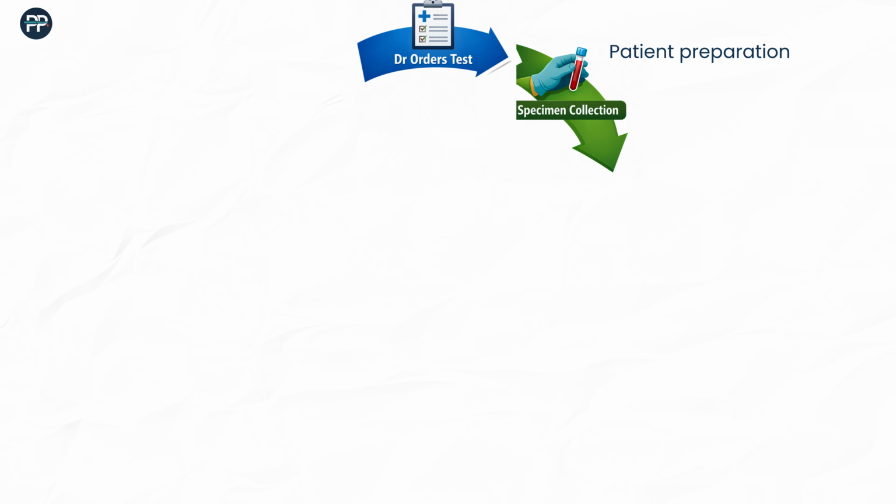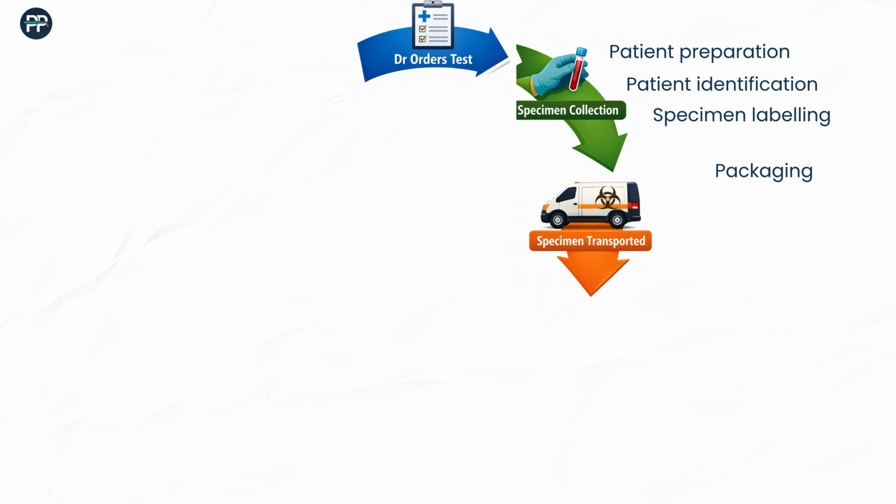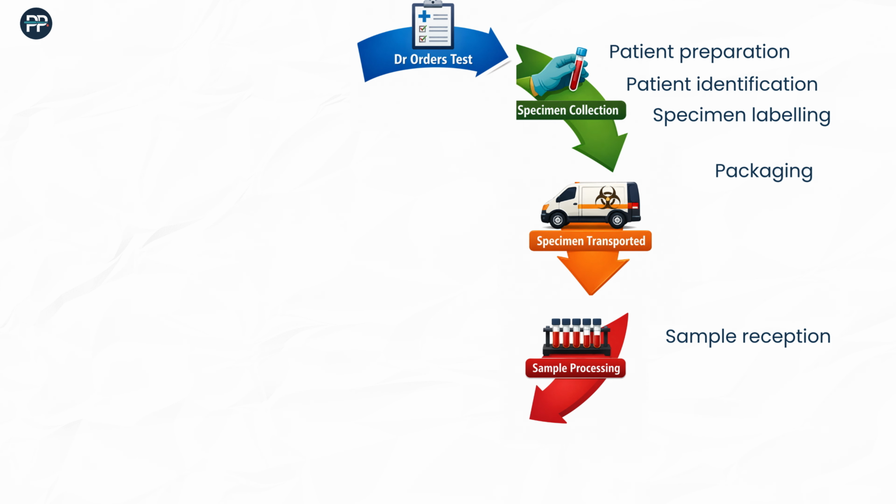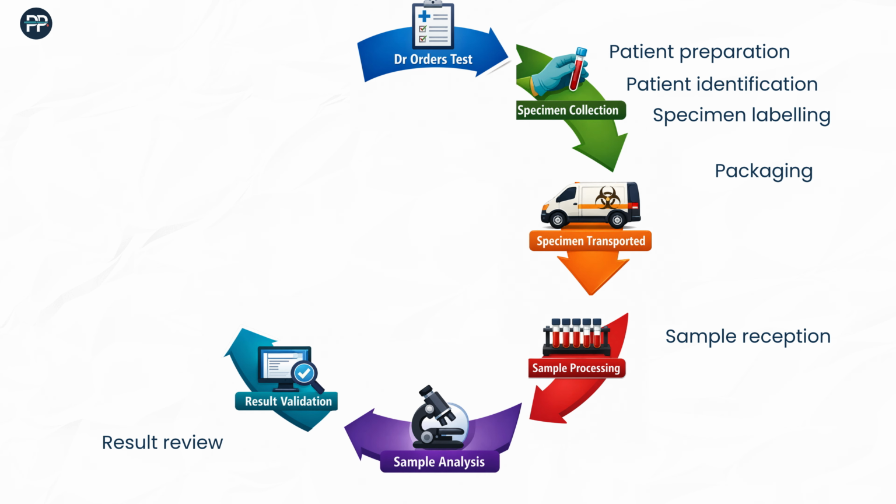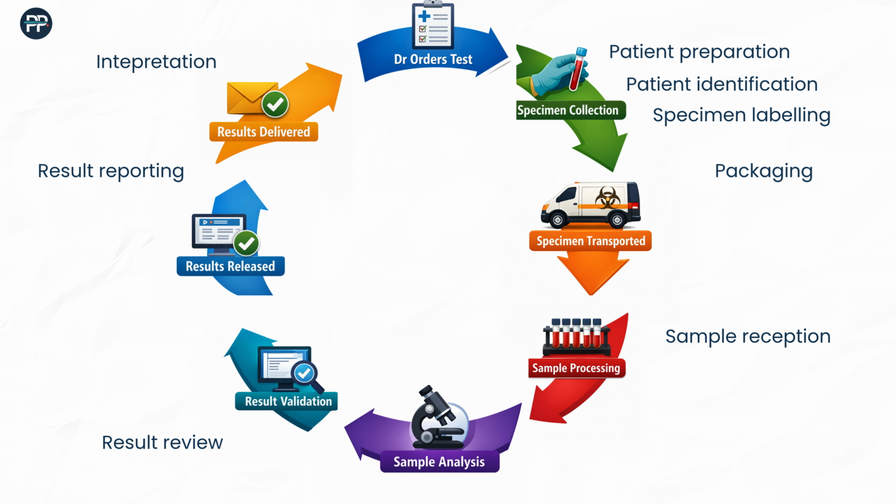From there, the process continues through the test requesting, patient preparation and identification, sample labeling, sample collection, packaging, transport, sample reception and processing, analysis, result review, reporting, interpretation, and finally, a clinical action.